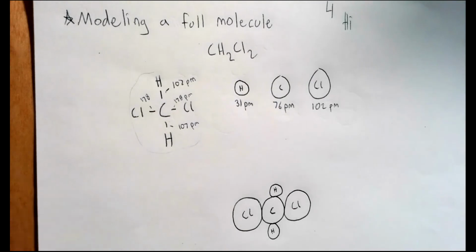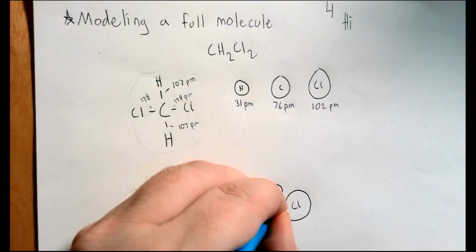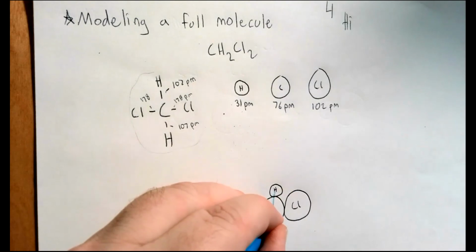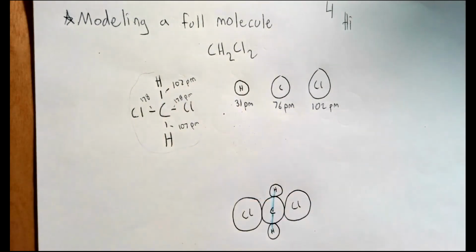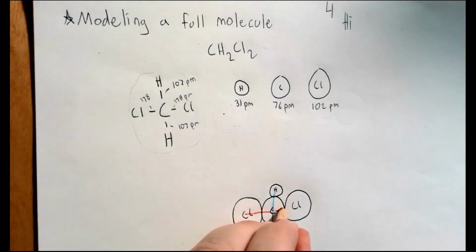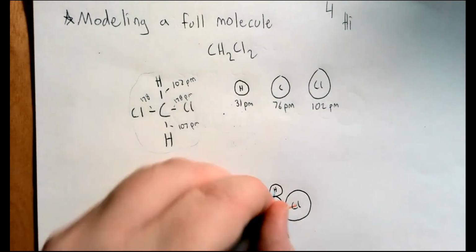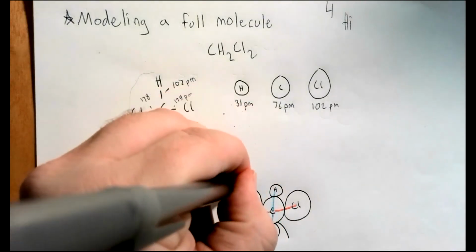Now, to really get home the fact that we have different bonds here, I'm going to use different colors, and that is super not necessary, but it can be nice. It can make your model easier to understand, easier to read, and then it would be smart to label each bond type at least once.